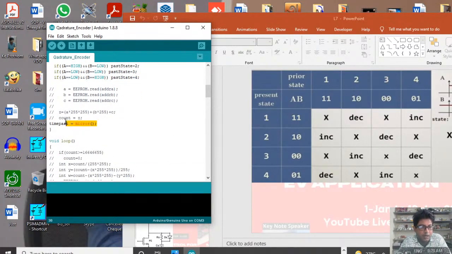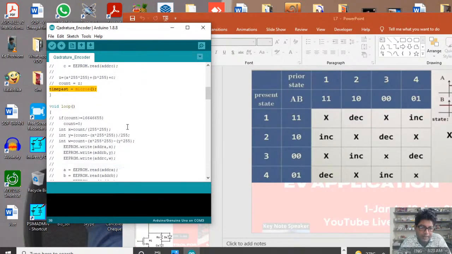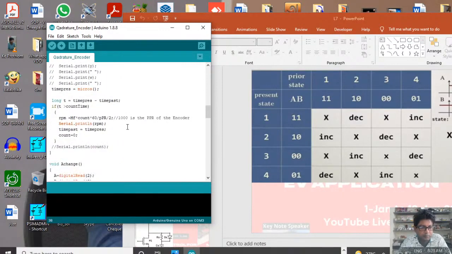And I am using one counter that counts the time in microsecond. And here again I am counting, and I am taking the difference, which is called the time elapsed.